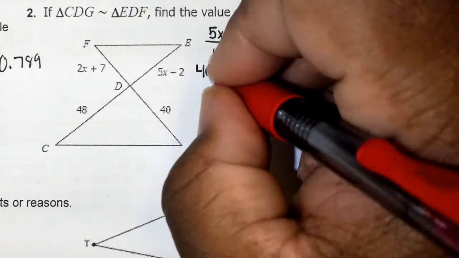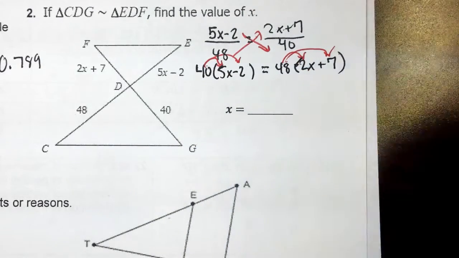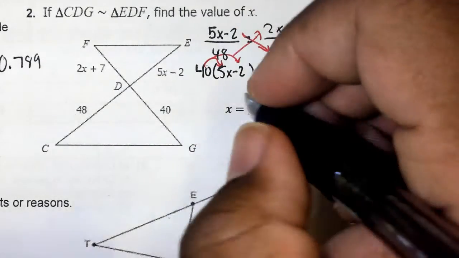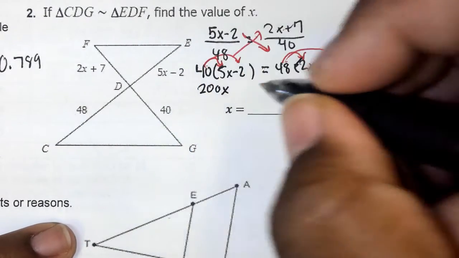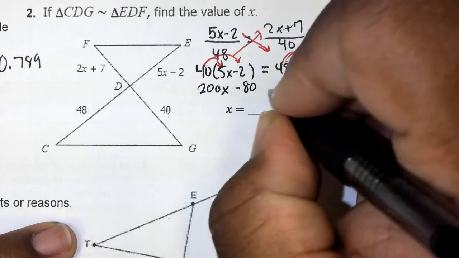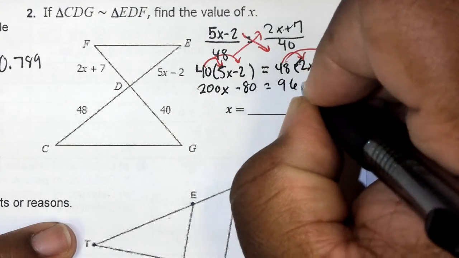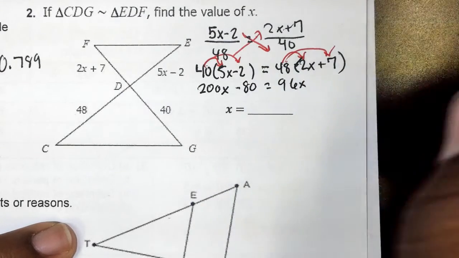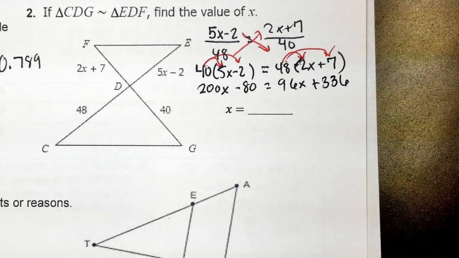Then I need to distribute here and here. Rewrite my equation. 40 times 5X is 200X. 40 times negative 2 is negative 80. 48 times 2X, 96X. 48 times 7, I think they told me 336 earlier. I'm going to roll with that.